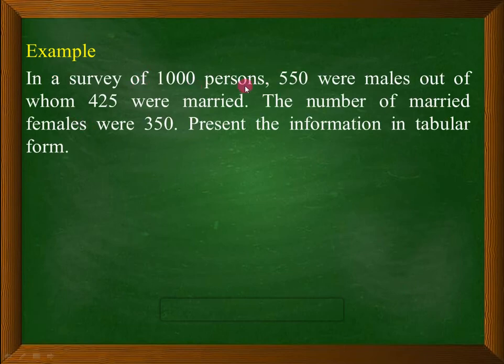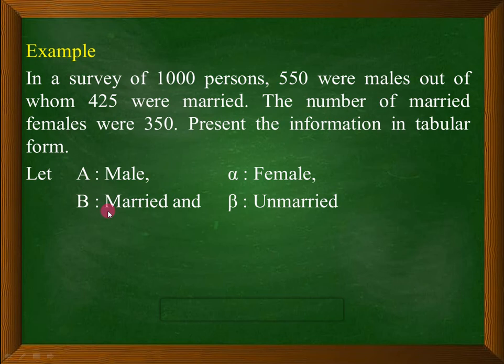Now consider the example. In a survey of 1000 persons, 550 were males, out of whom 425 were married. The number of married females were 350. Present the information in tabular form. Let A denote male, therefore alpha female, B denote married, therefore beta unmarried, and capital N total number of persons.